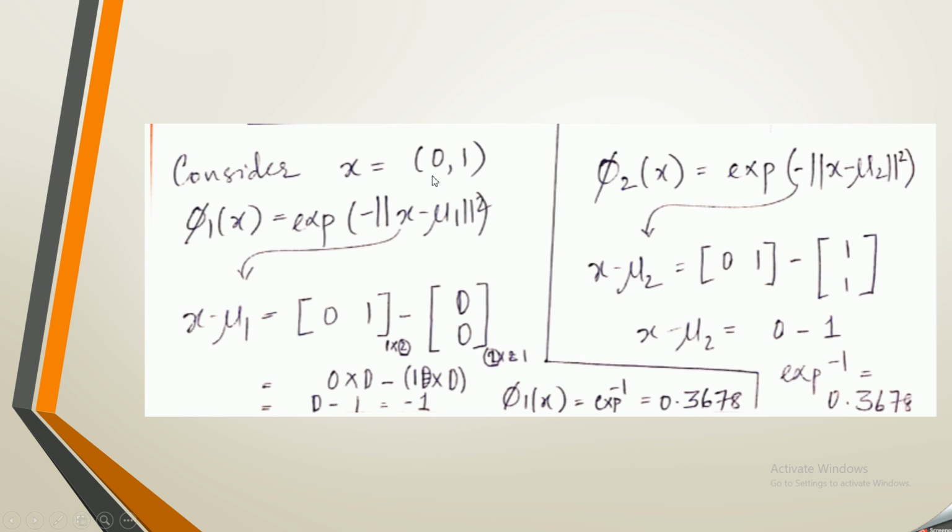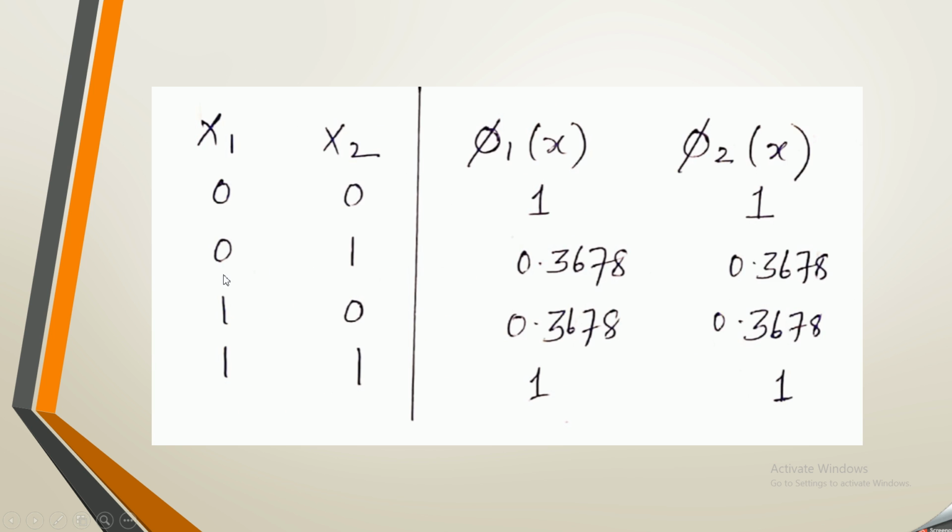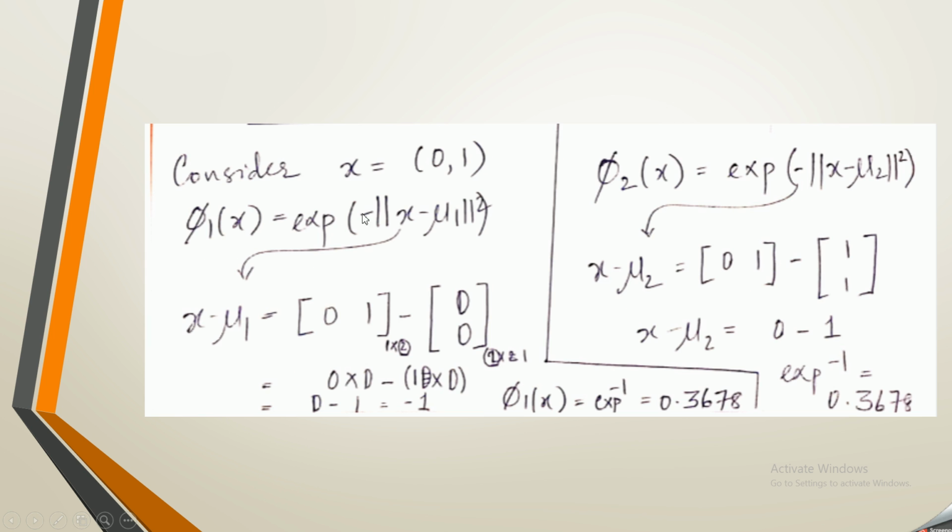Now let us consider the second input, which is 0, 1. The same formula is used. Phi 1 of x is equal to exponent of minus double bars x minus mu1 squared. Now for x minus mu1, we know the x value is 0, 1 and mu1 is 0, 0. So what happens in that case?